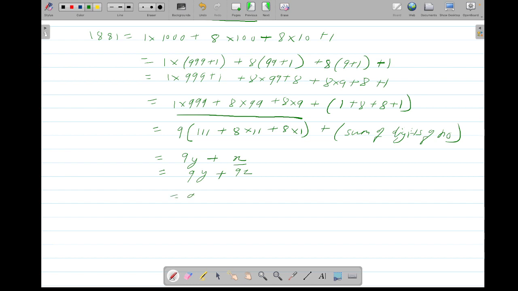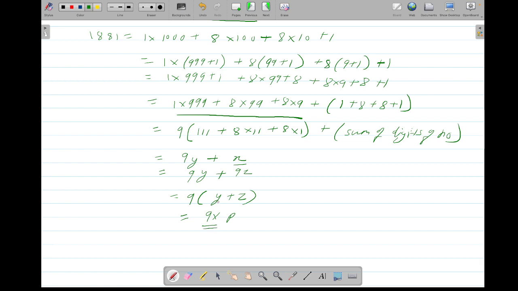We can take 9 as the common factor. Since y and z are integers, the sum of these two numbers will be an integer. We can write 9 times some number p, where p is an integer. That means the entire number is divisible by 9.